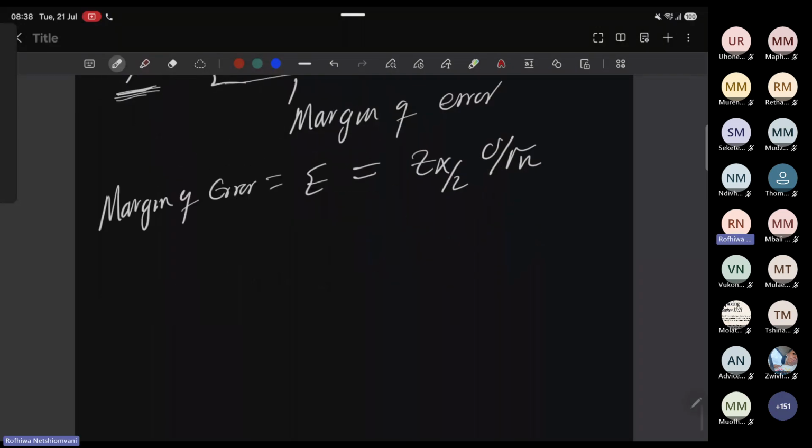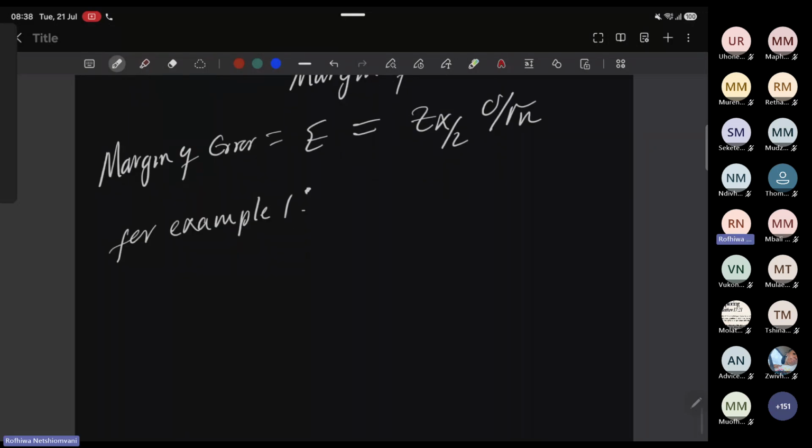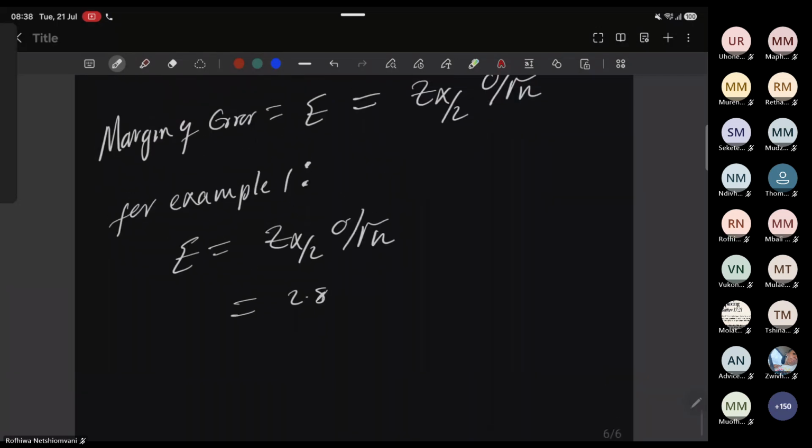Meaning that if we go to our case, for example 1, then E will be Z alpha divided by 2 sigma over square root of N, to be 2,58 multiplied by 8,8 over square root of 90.